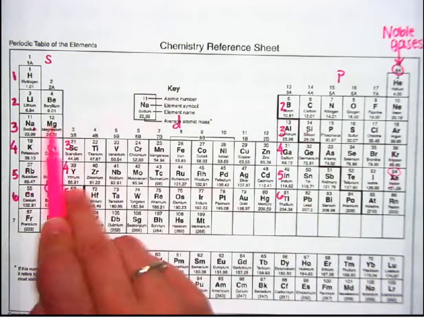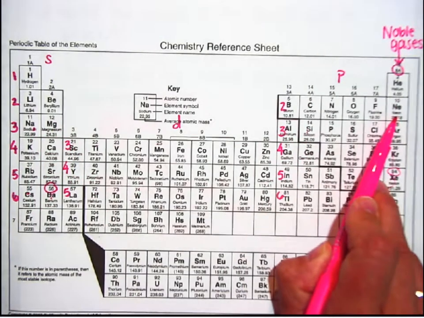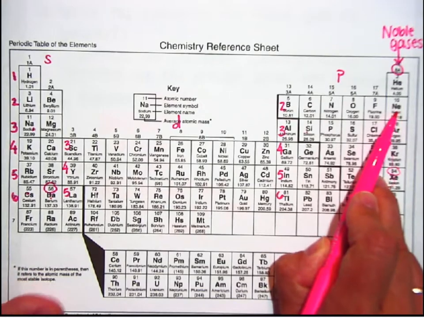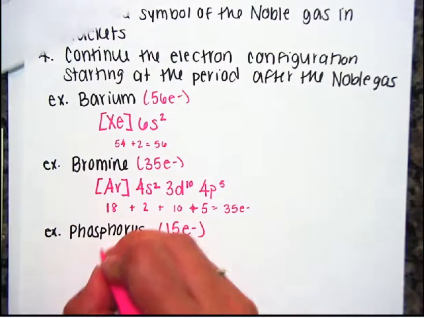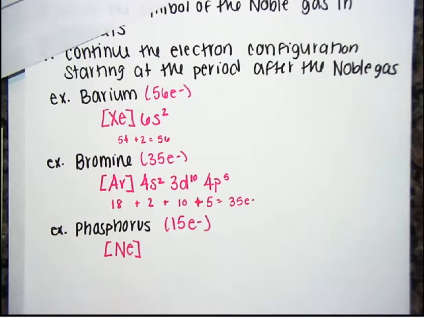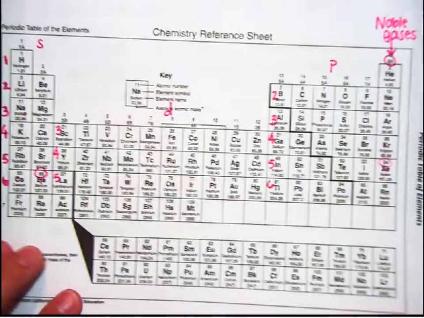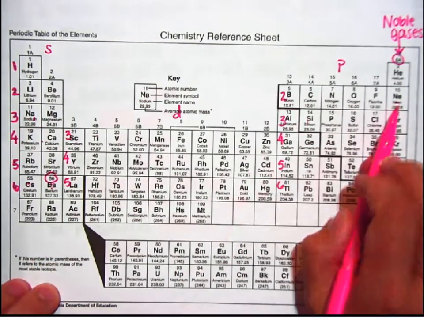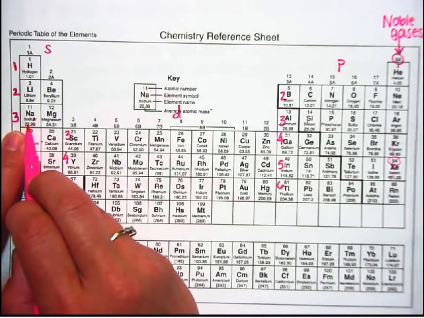Decrease in atomic number until you get to a noble gas. Noble gases are in group 8A. Take that noble gas, which is neon, put it in brackets. Neon is in period 2. We're going to start the period after the noble gas, which is 3.